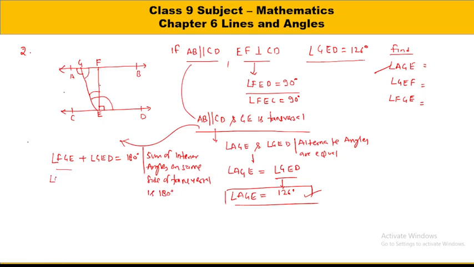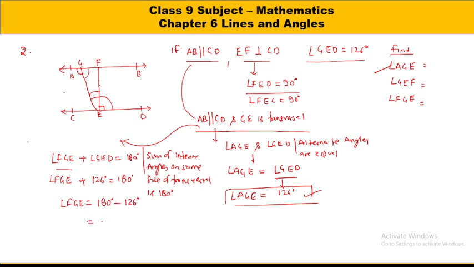So FGE is unknown plus GED is given as 126 degree, equal to 180 degree. Then FGE will be equal to 180 degree minus 126 degree.